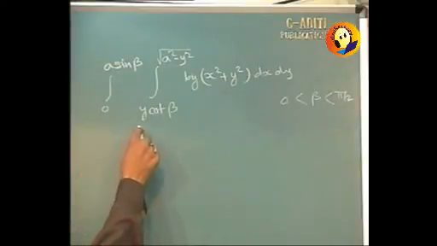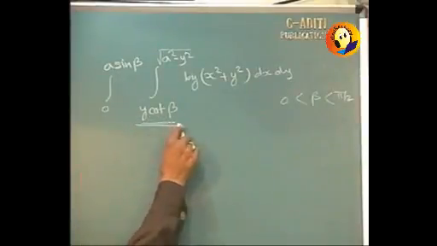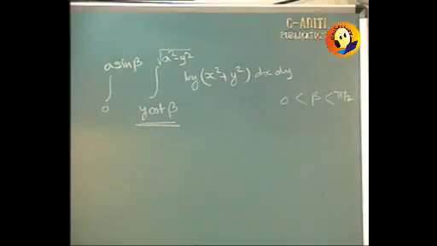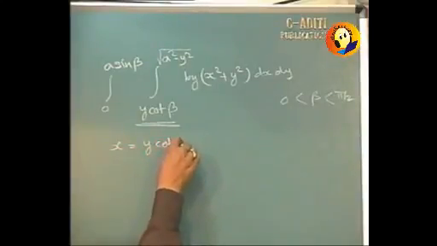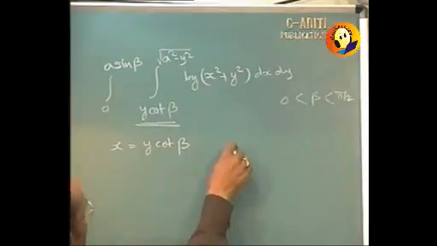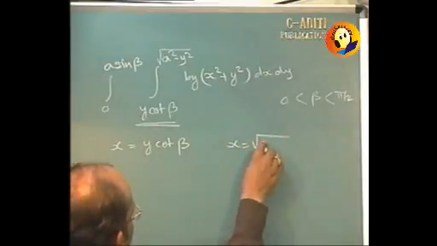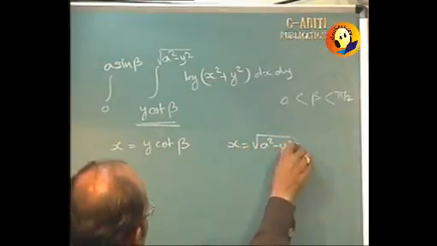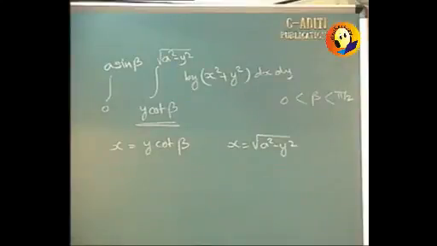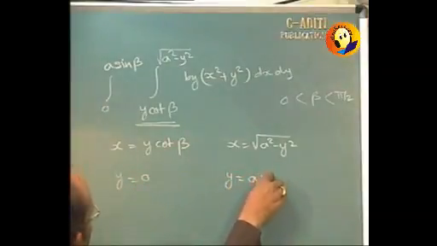First of all, we observe that limits are in y. When limits are in y, these are going to be values of x. So we get x equal to y cot beta, which is the lower limit, to x equal to under root of a square minus y square, which is the upper limit. And the outer limits will obviously be values of y, that is y equal to 0 to y equal to a sin beta.